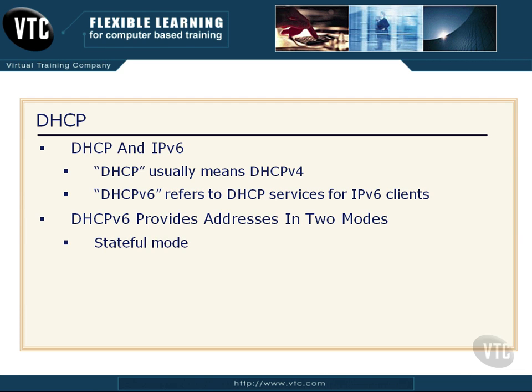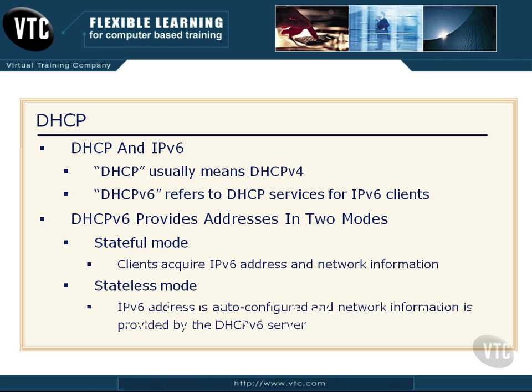The clients can be in what's called a stateful mode, and that is where the clients acquire the IP version 6 address and network information, things like DNS server addresses and other things. They acquire both of those pieces of information from the DHCP version 6 server: their IP version 6 address and the network information.